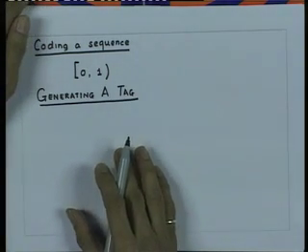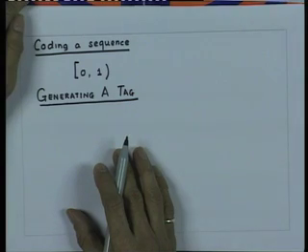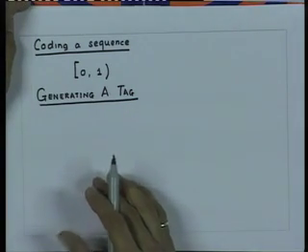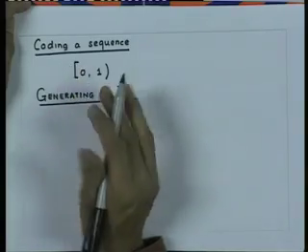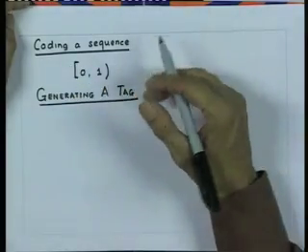The procedure for generating the tag works by reducing the size of the interval in which the tag resides as more and more elements of the sequence are received.